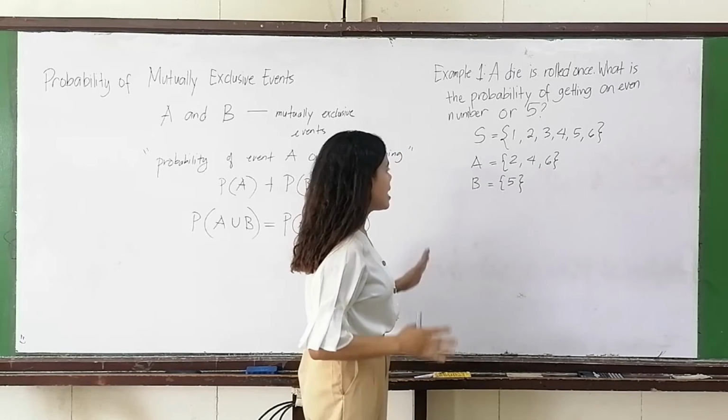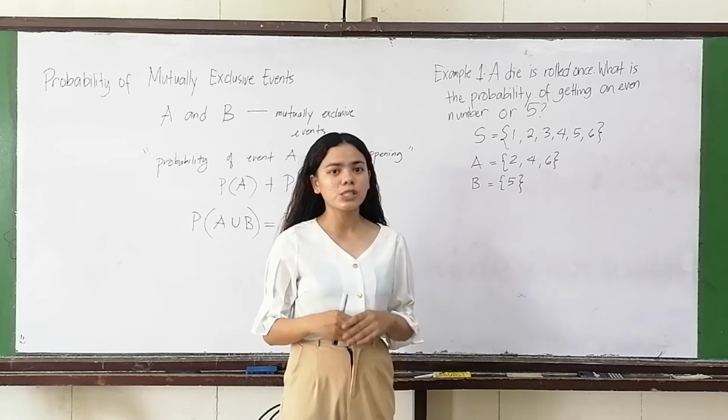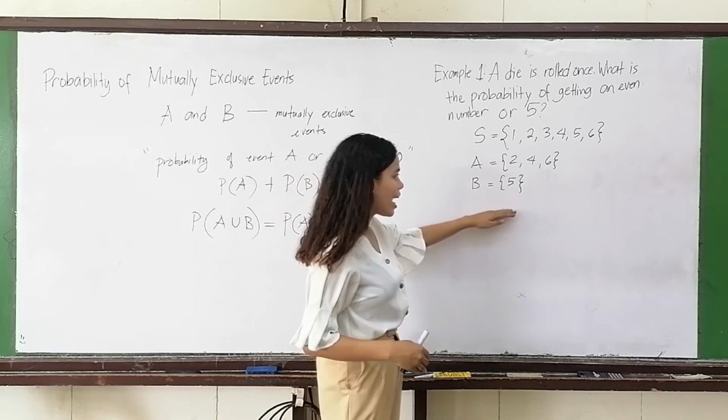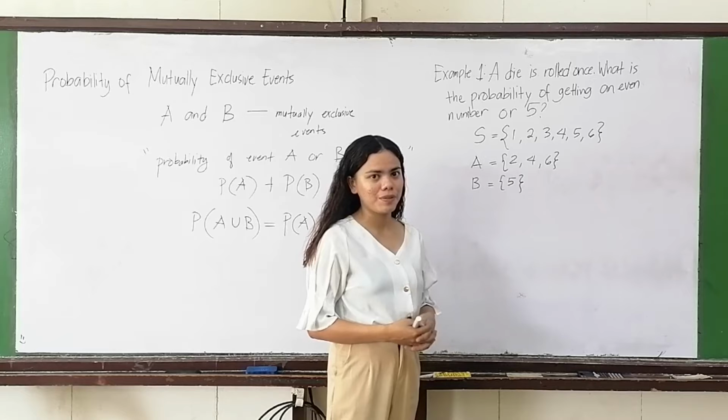Now, as you can see, A and B are mutually exclusive events since 5 is not an even number.